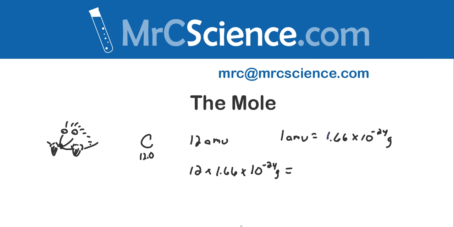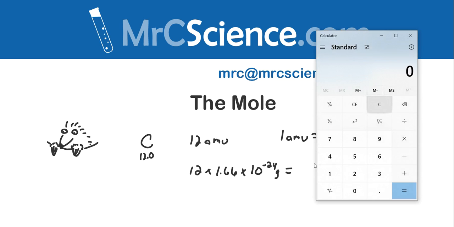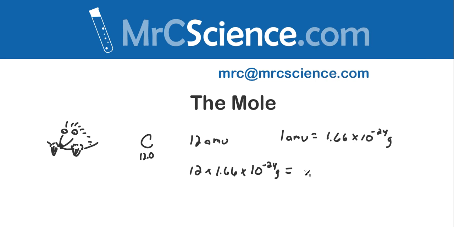And we can use our calculator here, with scientific notation. 12 times 1.66 equals 19.9 if we keep our significant figures. 19.9 times 10 to the negative 24th grams, or move that decimal place over one: 1.99 times 10 to the negative 23rd grams.